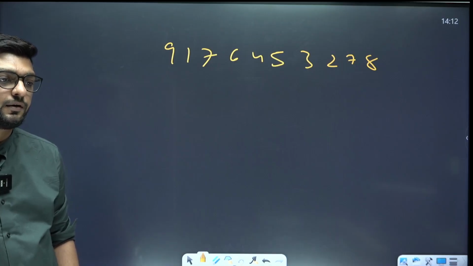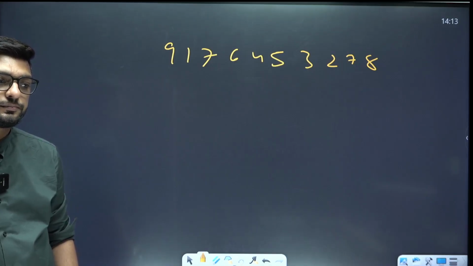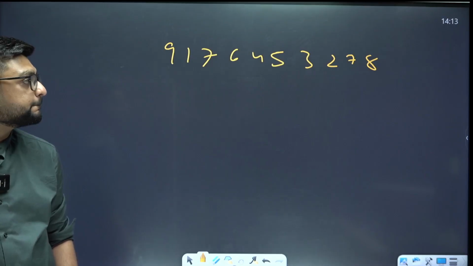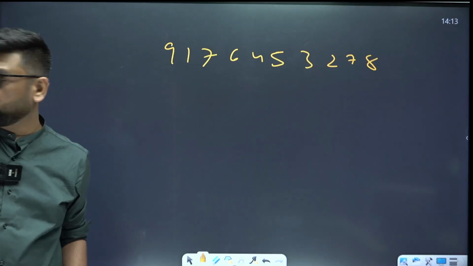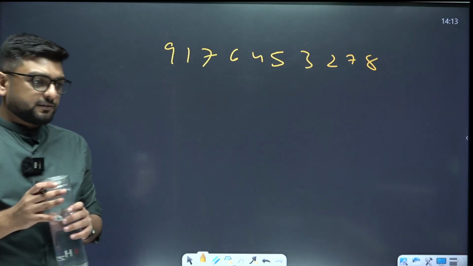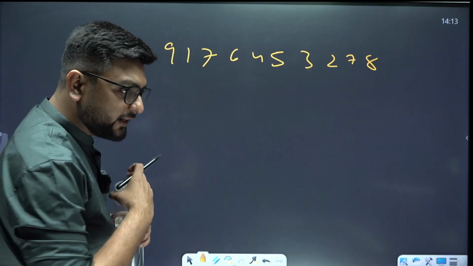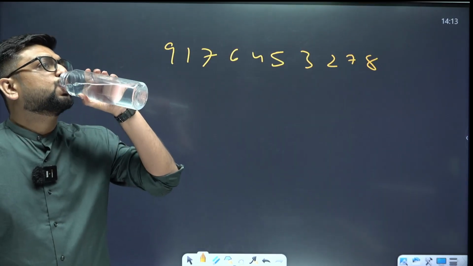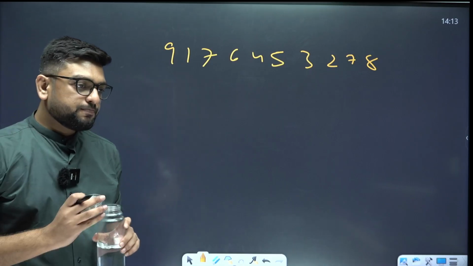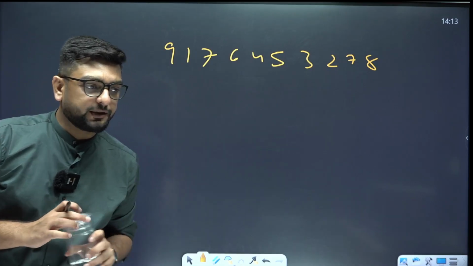Okay. Good going. One is the remainder. So that means anyone having any doubt in this? Those who have not understood this part? Good, good, good. Take care.